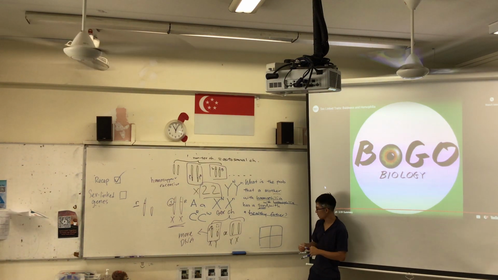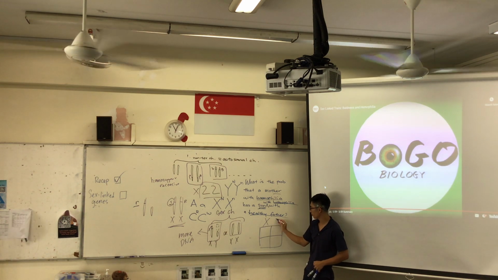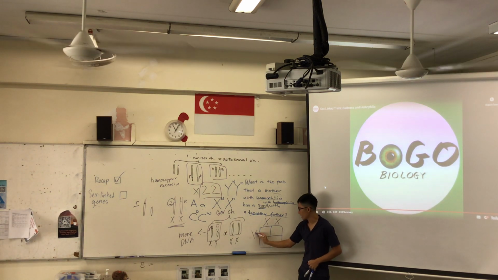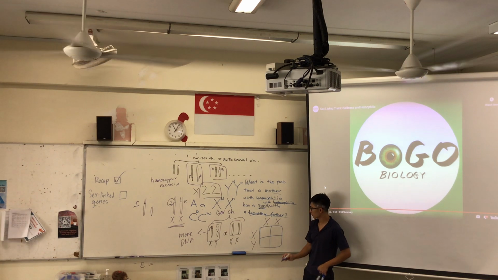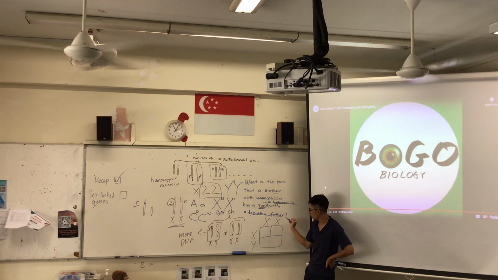I start off a little bit up. So let's say I put mom on top. Here's mom, this is dad. Okay, what is the superscript here?